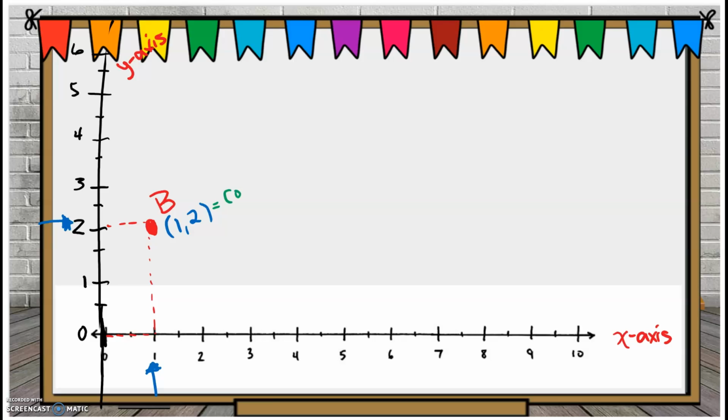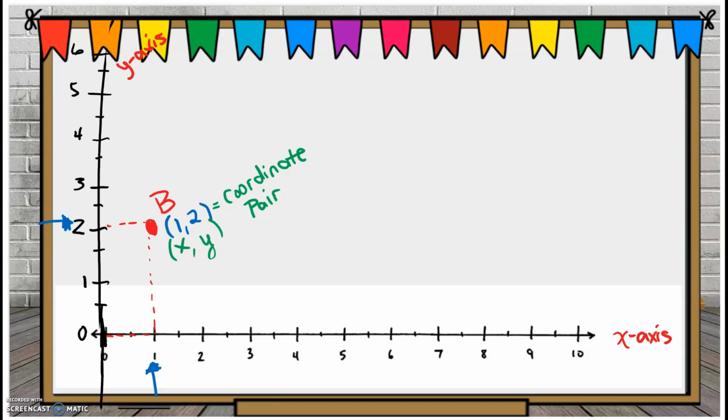That is a coordinate pair. When we write coordinate pairs, the x coordinate is always first, with a comma, and then the y coordinate right after that.